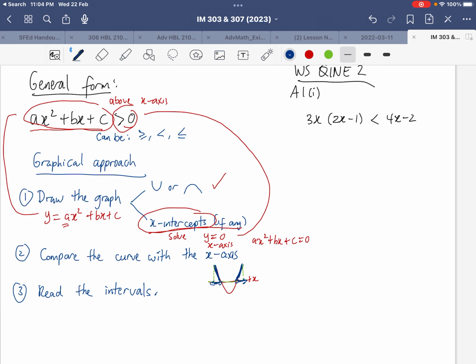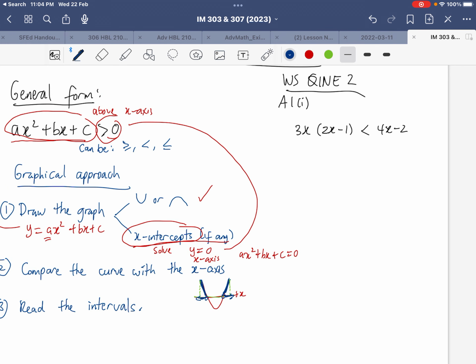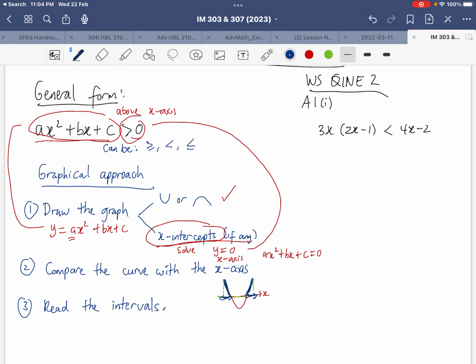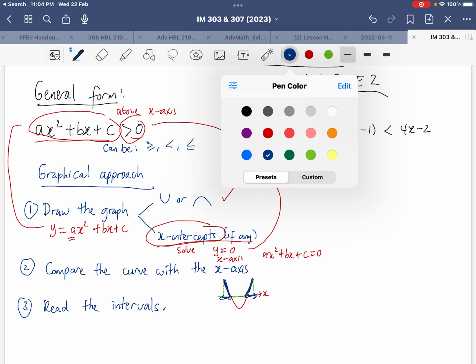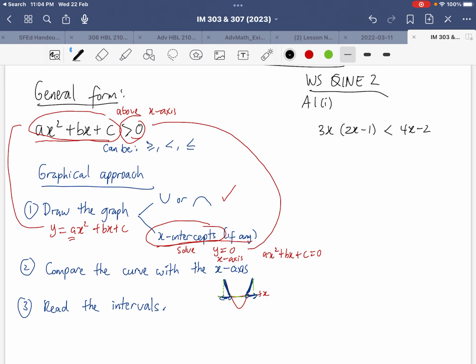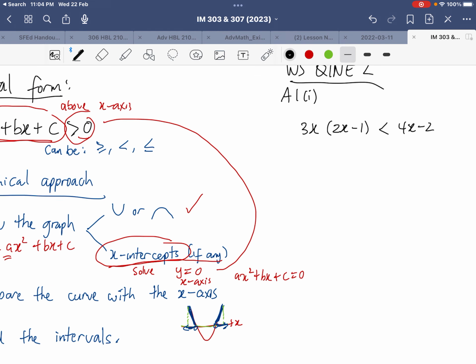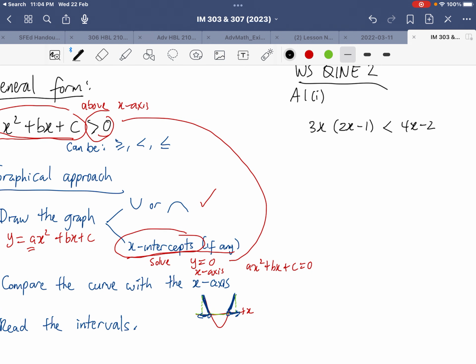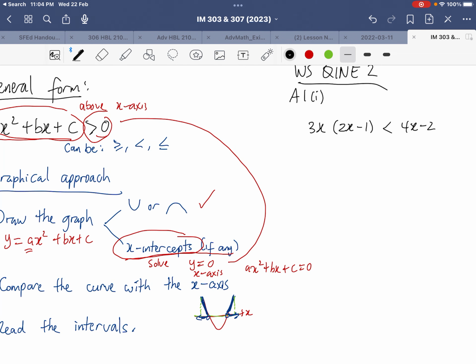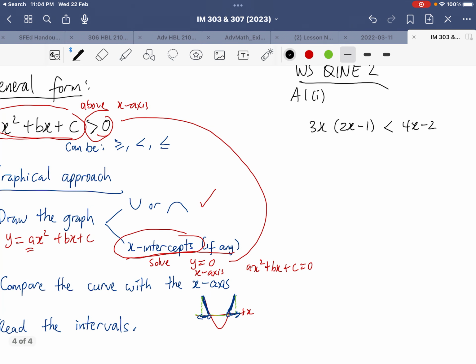I'll give you an example by doing Quadratic Equations and Inequalities 2, question 1. Notice that you are given the inequality 3x times (2x minus 1) is less than 4x minus 2. Before we approach drawing the graph, the very first step is to make one side equal to 0.